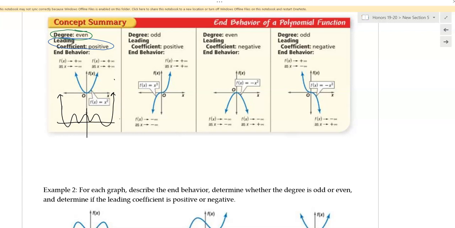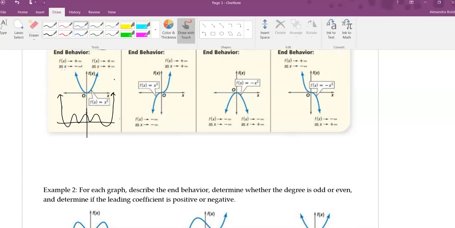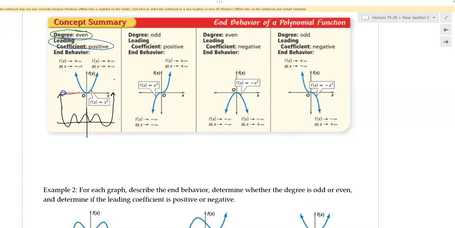Okay? So if your degree is even and your leading coefficient is positive, then it will look up and up forever. So how do we write this end behavior? The textbook I copied this from writes it one way. We are actually going to write it in limit notation. So this says f of x goes to positive infinity as x approaches negative infinity. What does that mean? Well, it's really this part we want to read first. As x is going towards negative infinity. So as x goes this way, what's my y doing, right? Again, f of x is the same as y. Well, my y is going up.